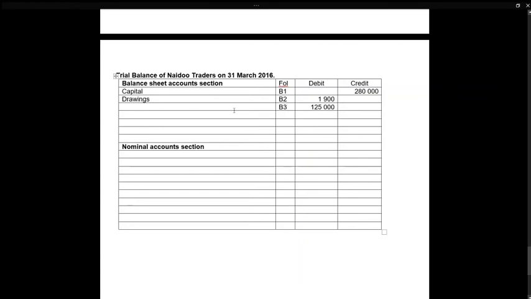So I'm going to do this for each one of my general ledger accounts. I'm not going to show you each one since I've already showed you, but in essence that is what I'm going to do. Just one more B4.